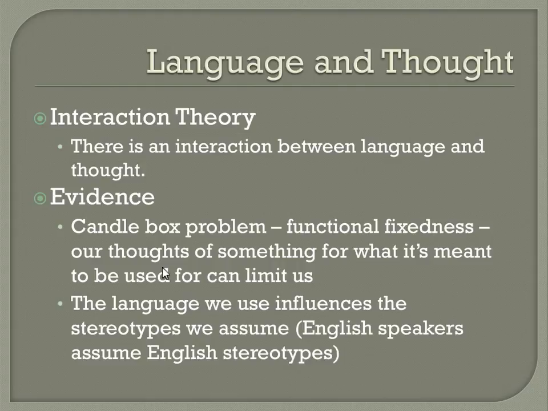And so there are several examples of that in the functional fixedness literature about how the way we think about nouns influences our ability to use them in a creative way. There's also some evidence that we stereotype based on language. When you hear someone speaking English with the same dialect as you, you assume all of those English stereotypes.